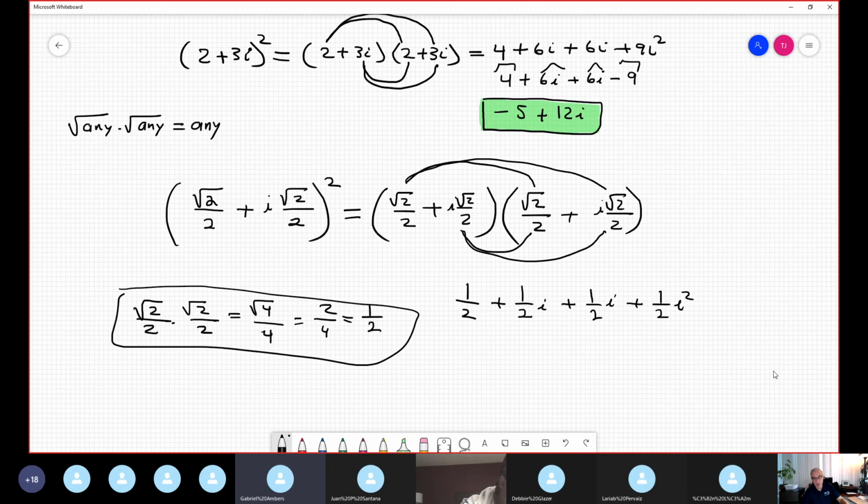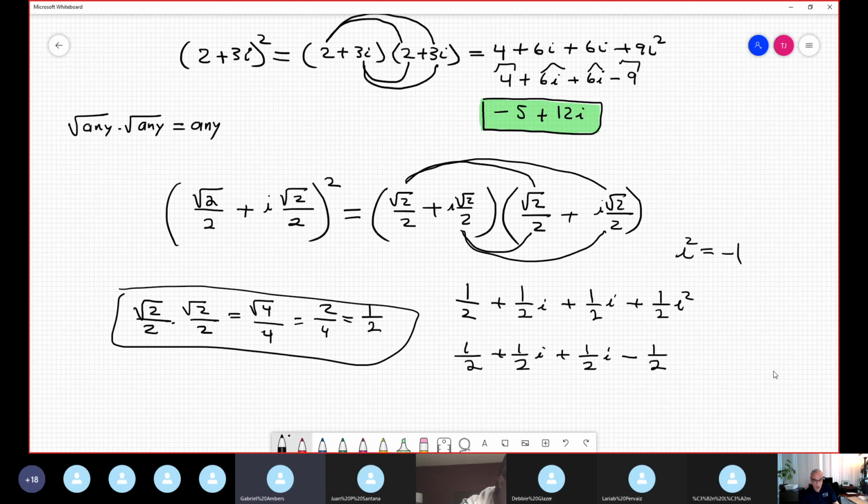So everything is 1/2, except the second and the third, which contain i, and the last one, which is i squared. But i squared, I know is -1. So I replace: 1/2 plus 1/2 i plus another 1/2 i minus 1/2, because one more time, i squared is -1.